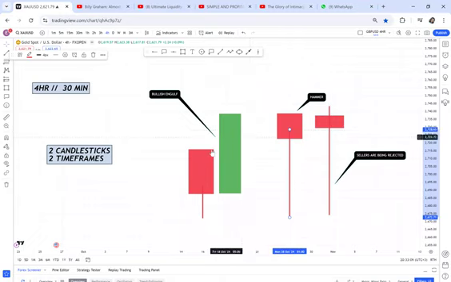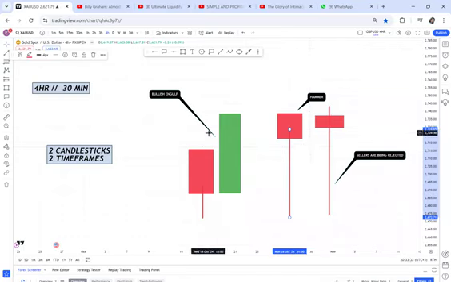That candle engulfs even the open of the day and closes higher, so buyers are back in control and sellers are defeated. These two candlesticks are saying the same thing: sellers have become weak, buyers have taken over.